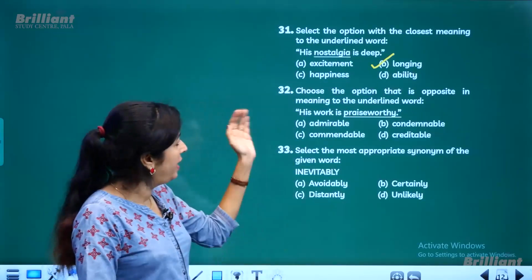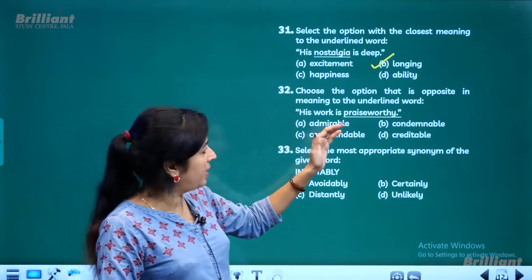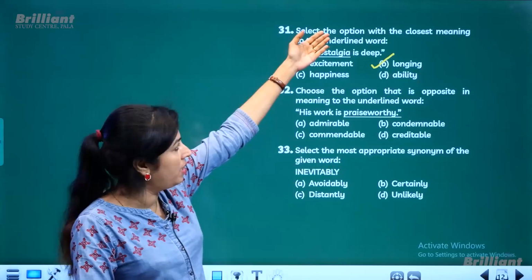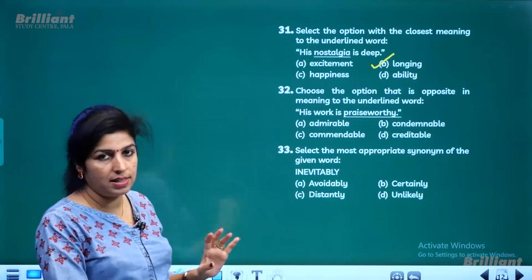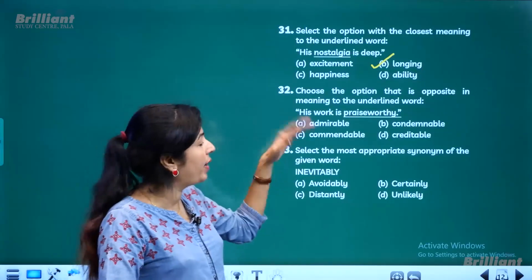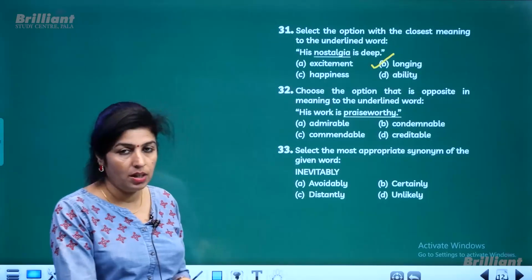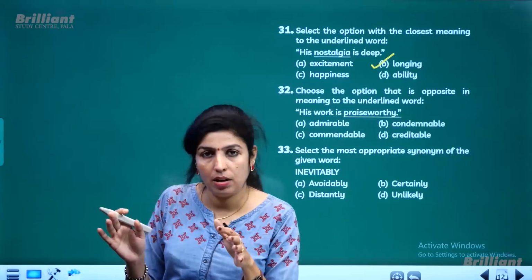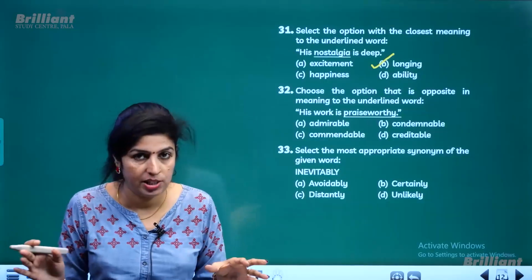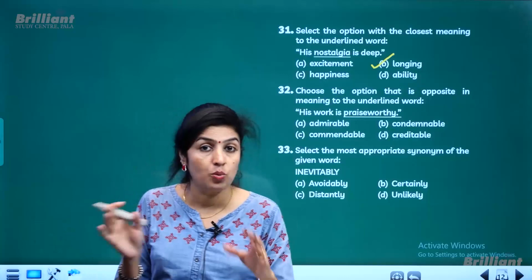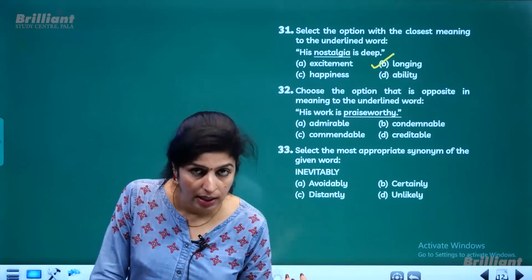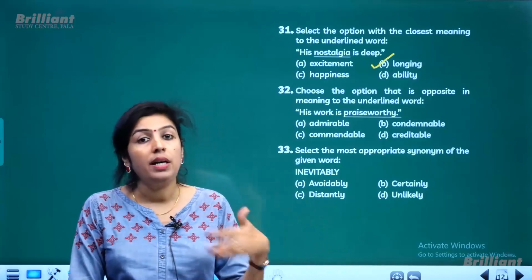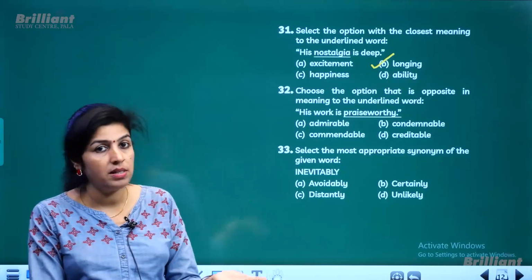Okay. The next one is choose the option that is opposite in meaning. Here it's similar in meaning or synonym, and here antonym or opposite in meaning to the underlined word. Okay. His work is praiseworthy. When a person does something which could be appreciated, we can use the term his work is praiseworthy. That means that particular task that he has performed, it deserves compliments and praises.